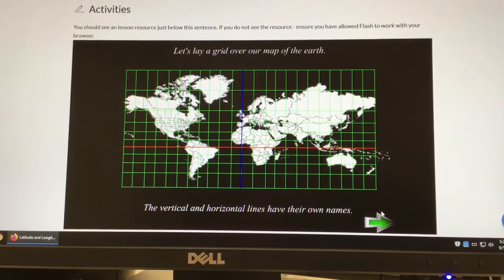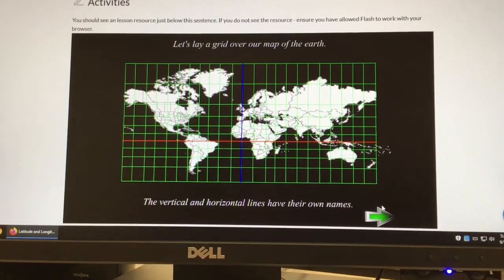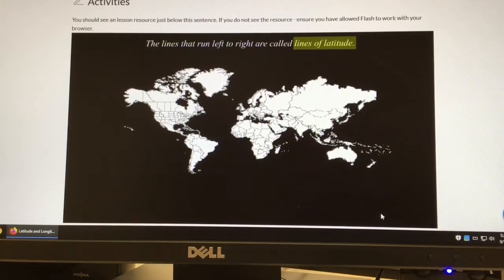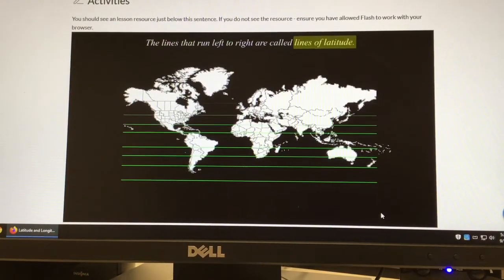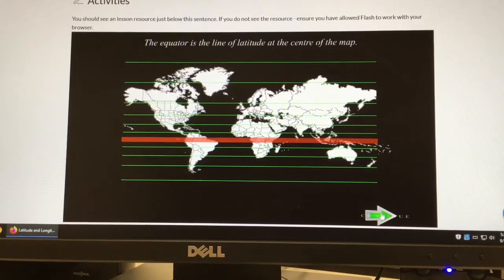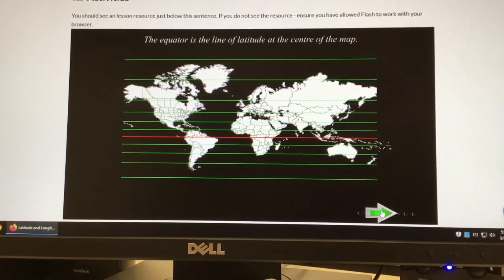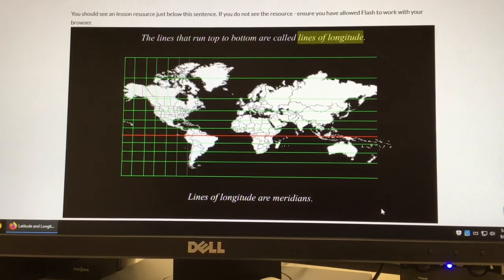Let's lay a grid over our map of Earth. The vertical and horizontal lines have their own names. The lines that run left to right are called lines of latitude. The equator is the line of latitude at the center of the map. The lines that run top to bottom are called lines of longitude.